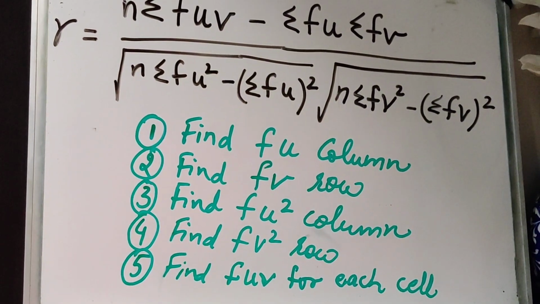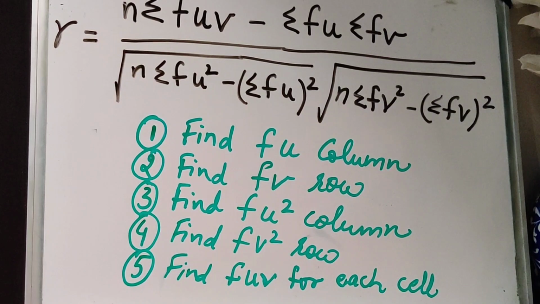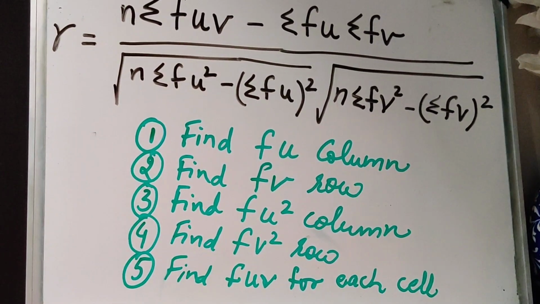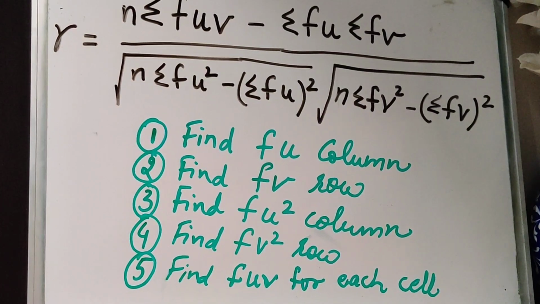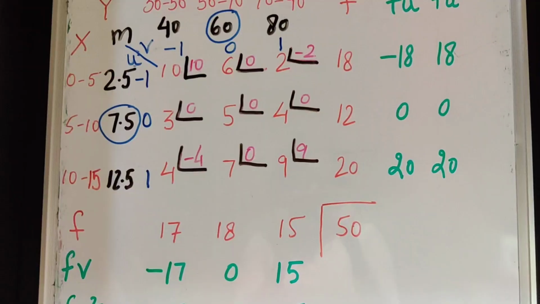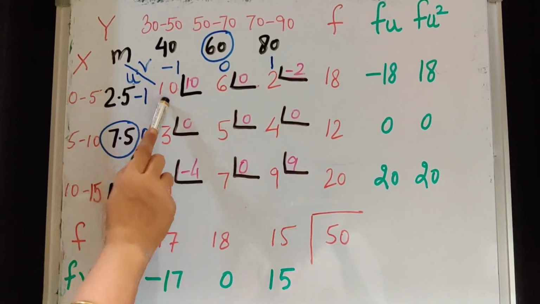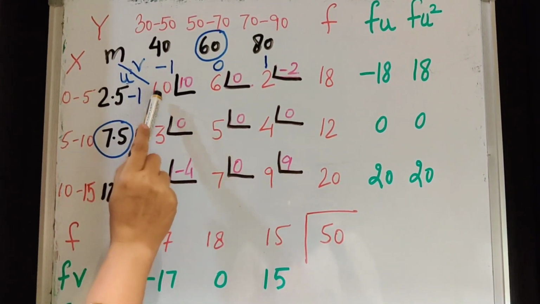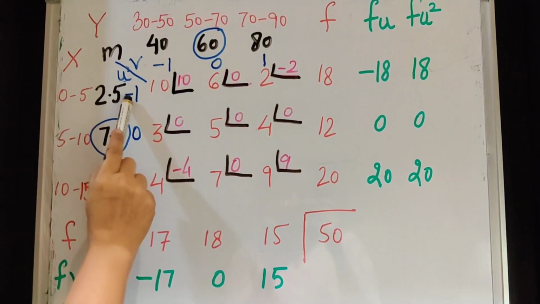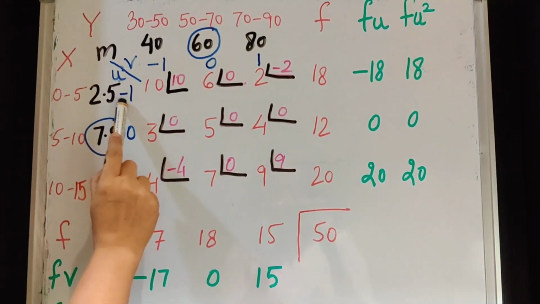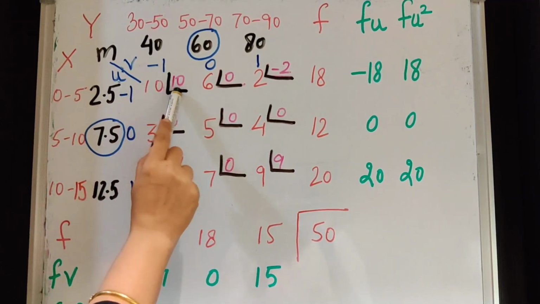The next is that we have to find FUV row and FUV column. For that, it is essential to find FUV for each cell separately. In order to find FUV for first cell, we have to multiply this frequency with U and with V. So when I multiply 10 with minus 1 and with minus 1, I get 10.